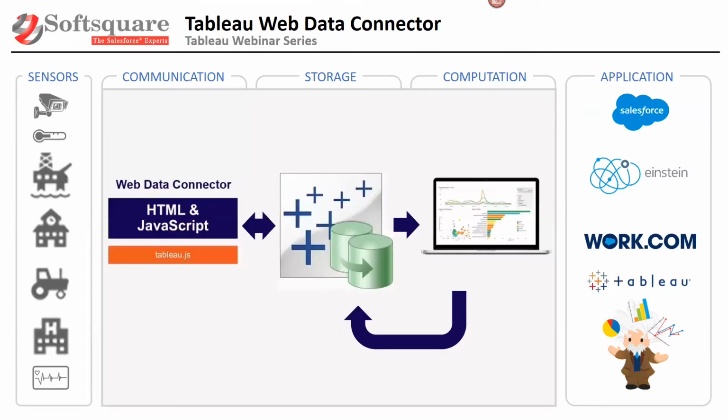When we overlay the Tableau Web Data Connector on top of this, the actual Web Data Connector sits in the communication layer, and the Hyper data, which is an in-memory data structure, sits on the storage layer. And the Tableau software itself sits on the computation layer. So this is how the Tableau Web Data Connector sits on top of an existing ecosystem like this.